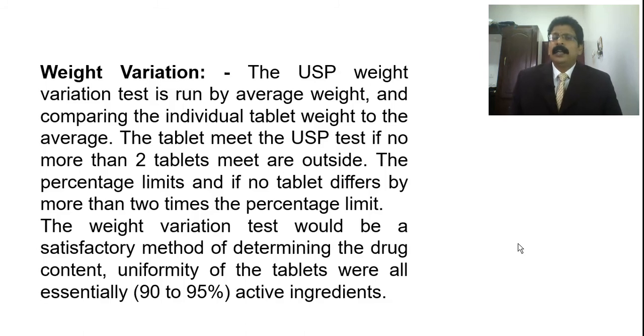You have to take 10 tablets and find the average weight, and also take the individual weight of each tablet. USP says that no more than 2 tablets should fall outside the average of the 10 tablets. And the percentage limit also applies: not even a single tablet should differ by more than 2 times the percentage limit; that is also not allowed.